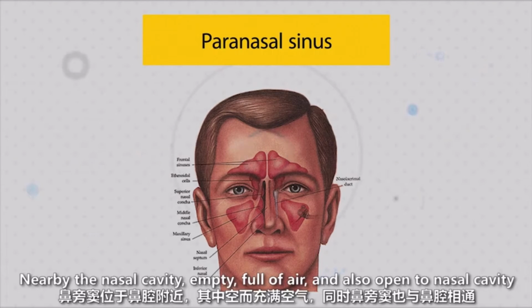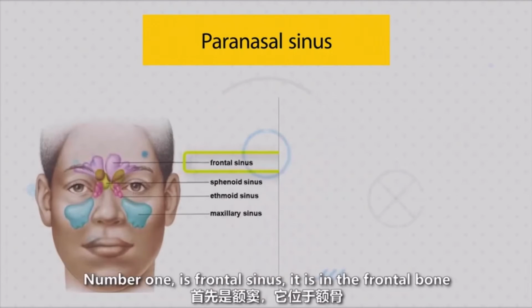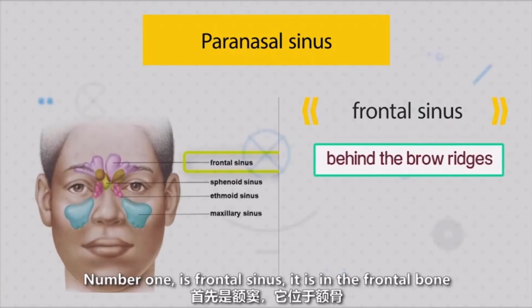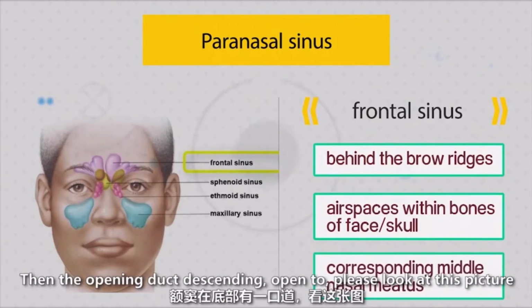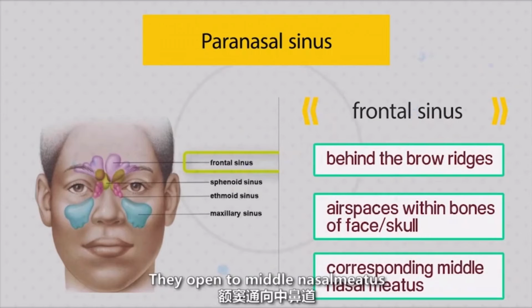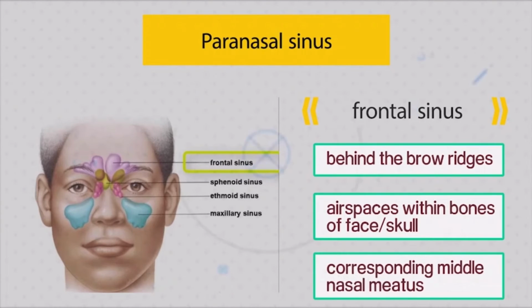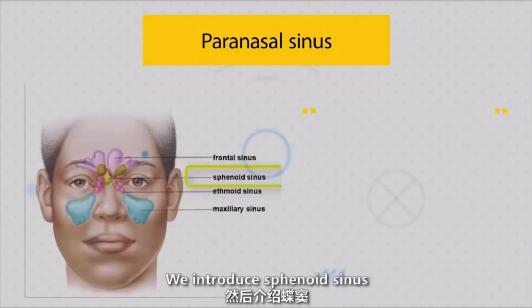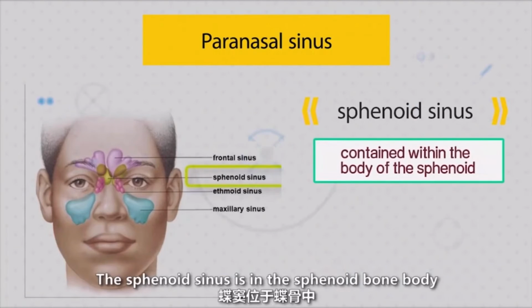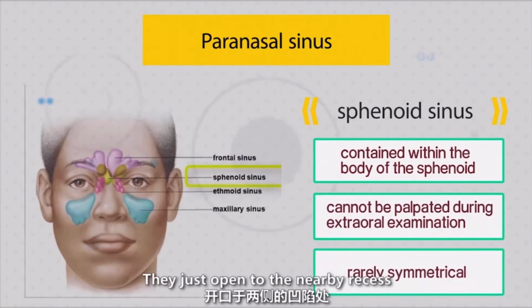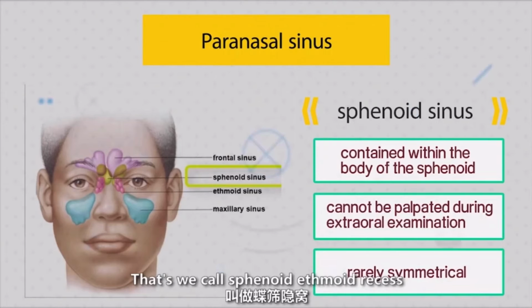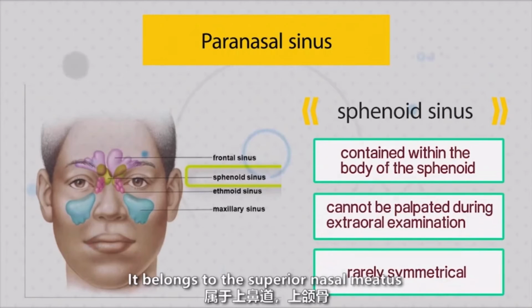Now I will introduce the paranasal sinuses nearby the nasal cavity, which are empty, full of air, and open to the nasal cavity. Number one is the frontal sinus in the frontal bone, whose duct descends and opens, as you can see in this picture, to the middle nasal meatus. Next, the sphenoid sinus in the body of the sphenoid bone opens to the nearby sphenoethmoidal recess, belonging to the superior nasal meatus.